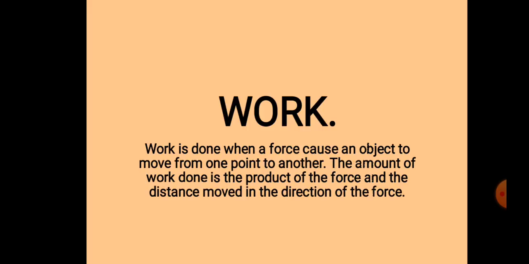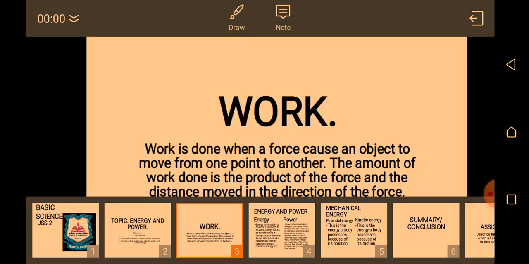So that is why the statement says that the amount of work done is the product of the force and the distance moved in the direction of the force. If you want to calculate the work done, you look at the distance that the object has moved. You also measure the amount of force that you have applied.